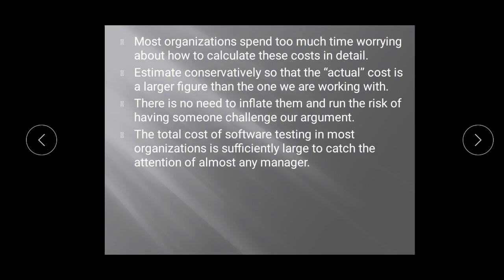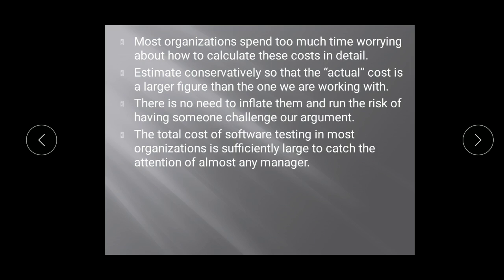Most organizations spend too much money and too much time worrying about how to calculate these costs in detail. So there are many questions related to different organizations. So how can we measure these quality costs? Estimate conservatively so that the actual cost is a larger figure than the one we are working with.